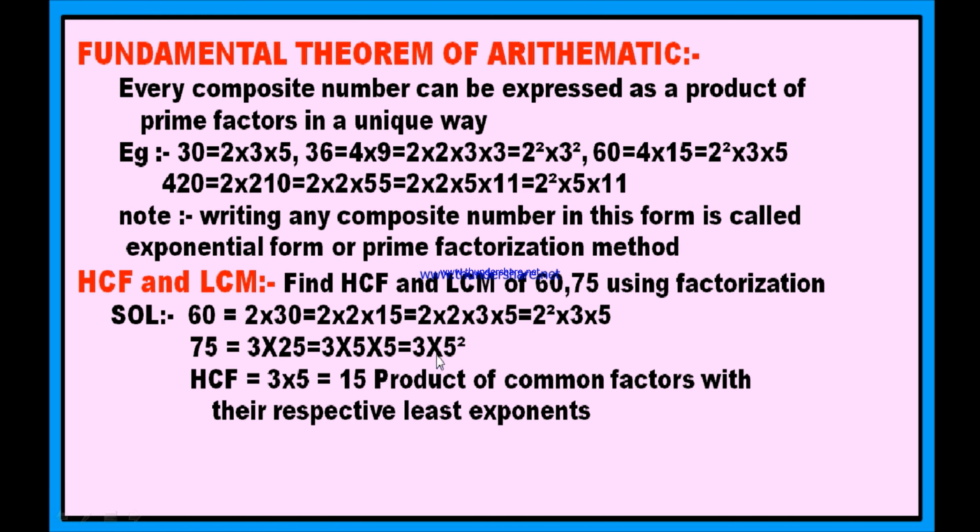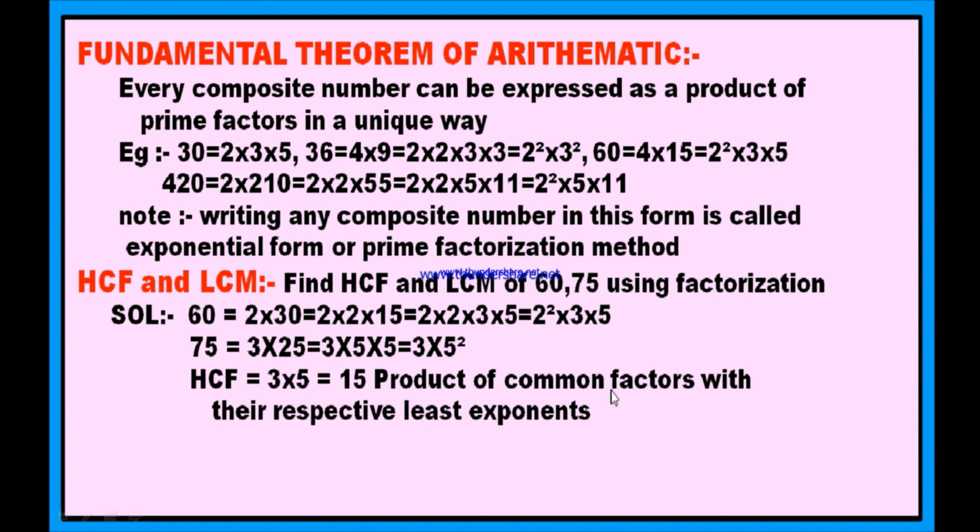Here the factor is 2 but there is no 2 in 75. Here is a factor 3 in 60. 3 is also a factor of 75. Therefore HCF has 3. Here 5 is a factor of 60 and 5 square is a factor of 75. Therefore which is common? 5 and 5 square, the common is 5.